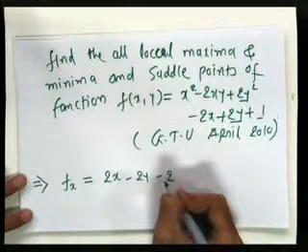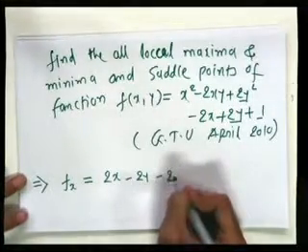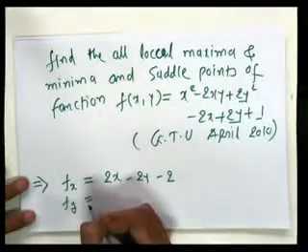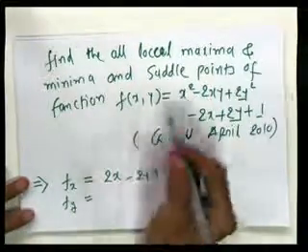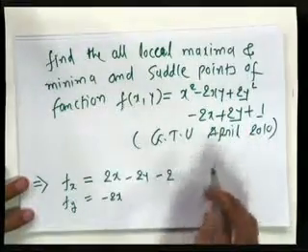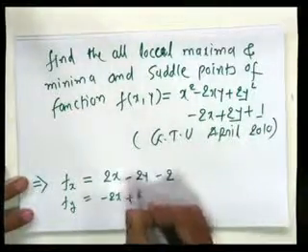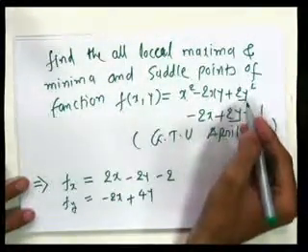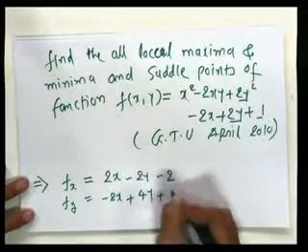Okay, 2x minus 2y minus 2. Then in the same way fy is equal to minus 2x plus 4y plus 2.